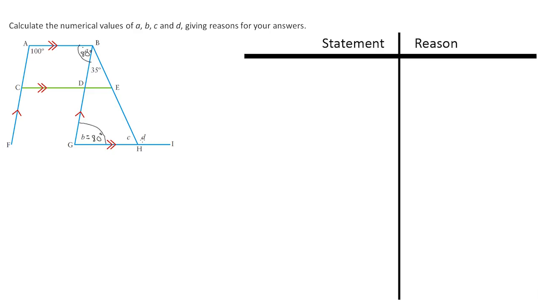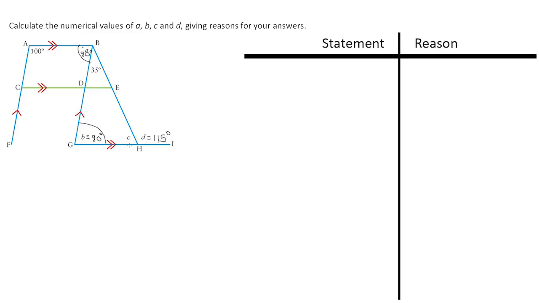D is the exterior angle of that triangle. And what's the rule? The exterior angle is equal to the sum of the opposite interior angles. So D should then be equal to 80 plus 35, which gives you 115 degrees.